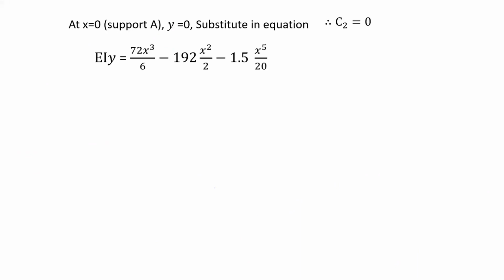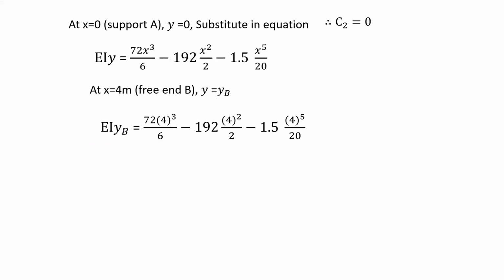So now we will get the equation of EIy in this fashion. We are interested in B, the free end. At the free end we have x equal to 4 meters. So put the value of x equal to 4 meters, and we have y equal to yB. If we solve this, we will get EIyB as approximately 845, or I can write yB equal to minus 845 upon EI.